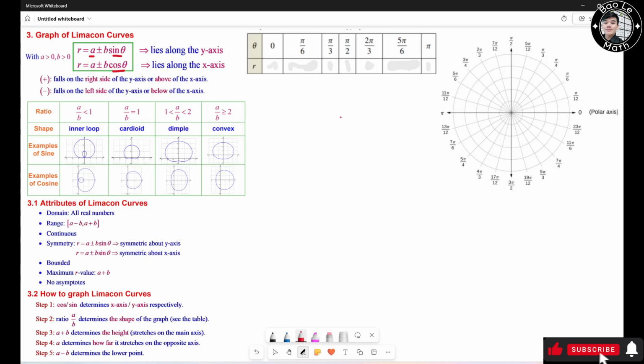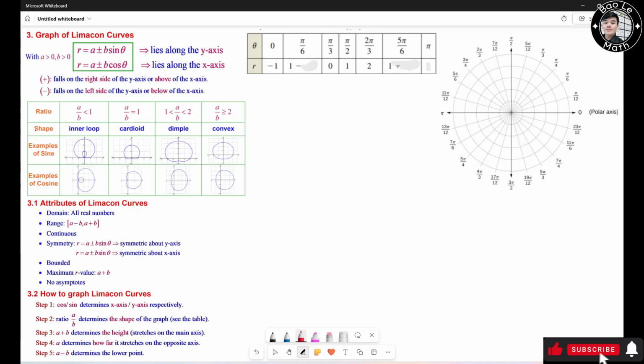Alright, so recall the unit circle. The y-axis represents the sine function. The x-axis represents the cosine function. Whenever you see sine, the Limaçon curve lies along the y-axis. If you see cosine, the Limaçon curve lies along the x-axis.